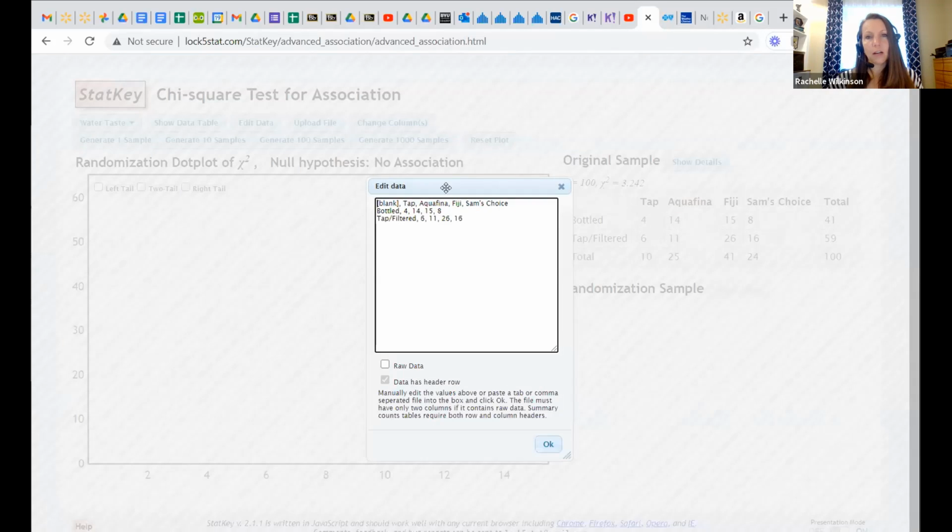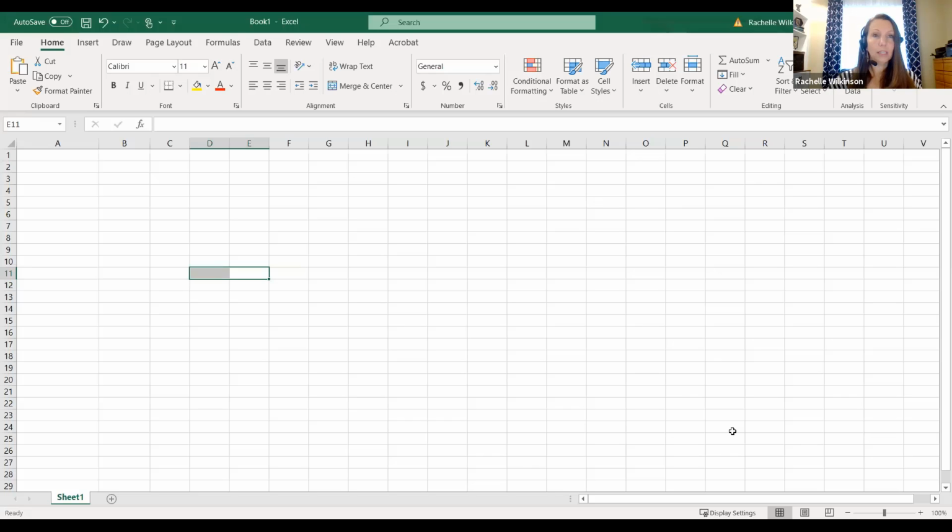It basically looks like our two-way table, but everything's separated by commas. So the easiest way that I've found to get the data in there properly is to first put it into a spreadsheet. So I'm going to open up Excel to put it in there. If you don't have Excel, you can do this on a Google Sheet. You can do it in whatever the Mac version of Excel is. Any of those will work.